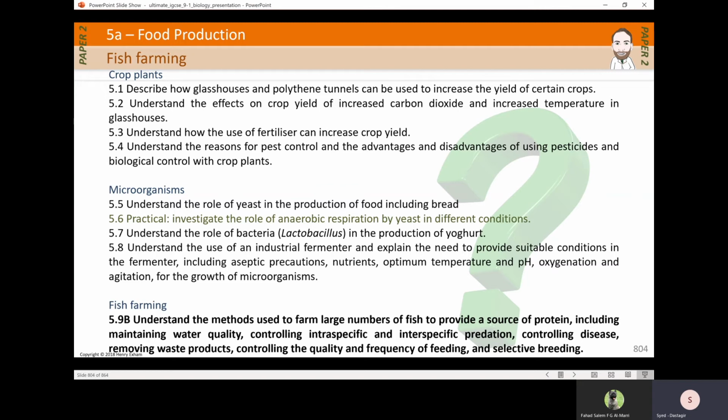We'll come to those terms if you don't understand them already. Also controlling disease and removing waste. As you can imagine, there'll be a lot of waste production in fish farming. Also controlling the quality and frequency of feeding, and also selective breeding.